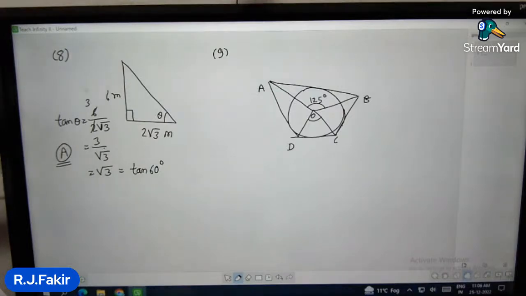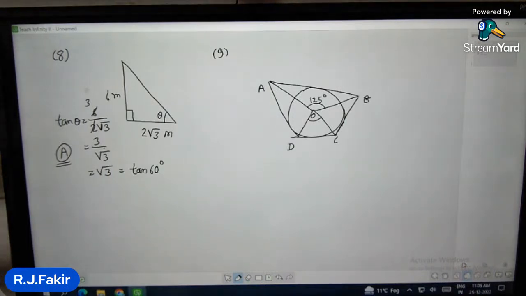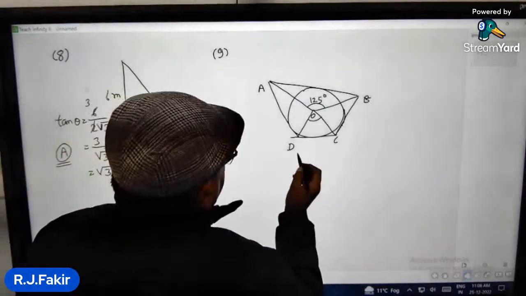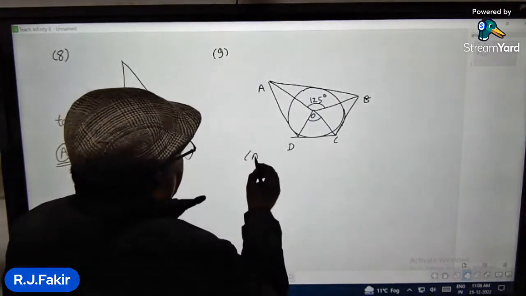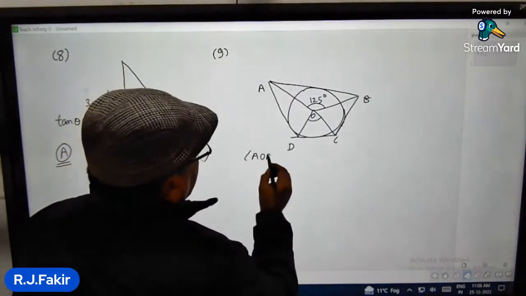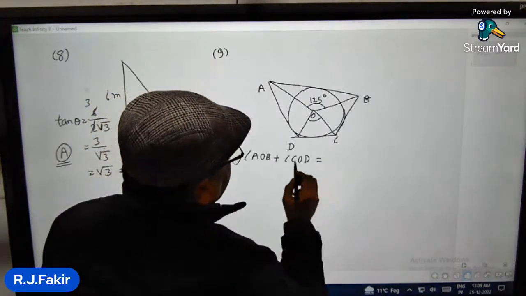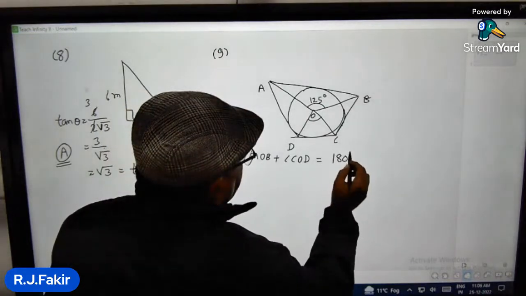If you refer to your NCERT book, we came across a theorem which says that a quadrilateral circumscribing a circle subtends supplementary angles at the center of the circle. That means the sum of angle AOB and angle COD should be supplementary, that is 180 degrees.